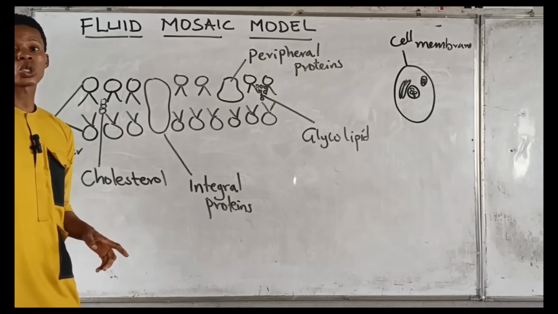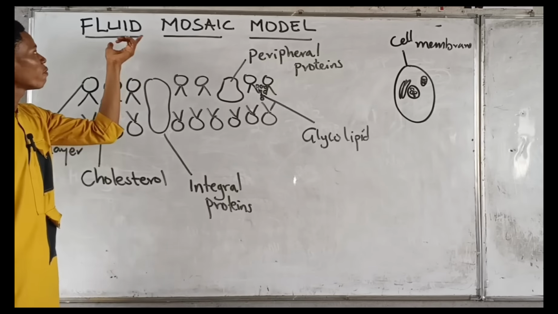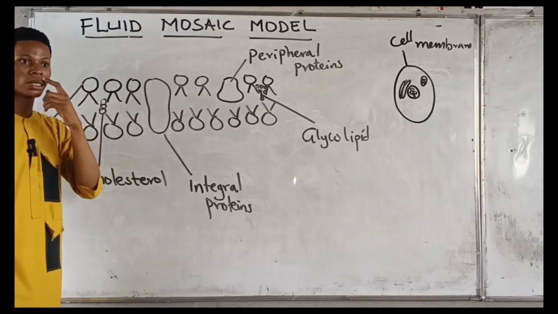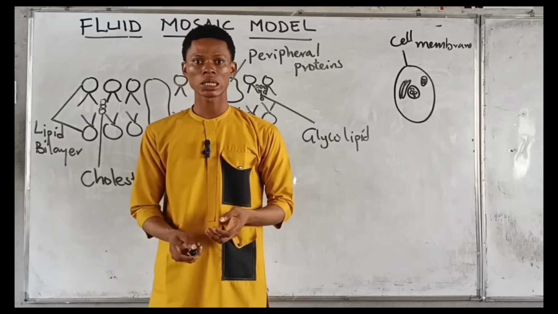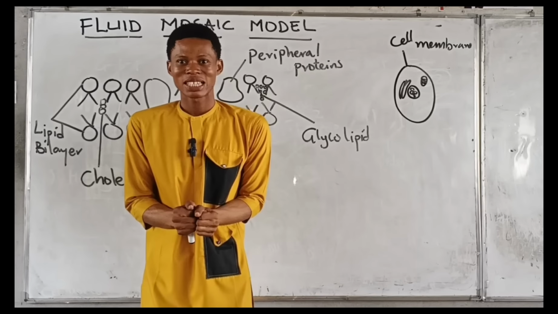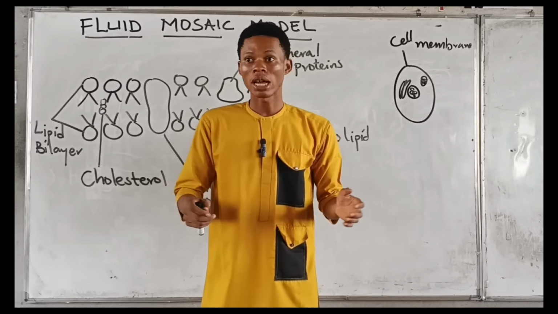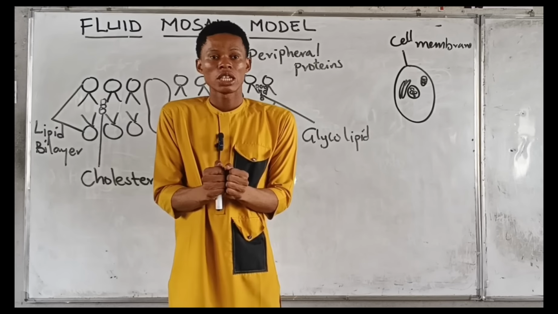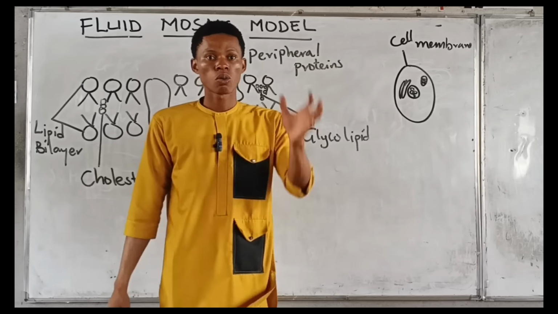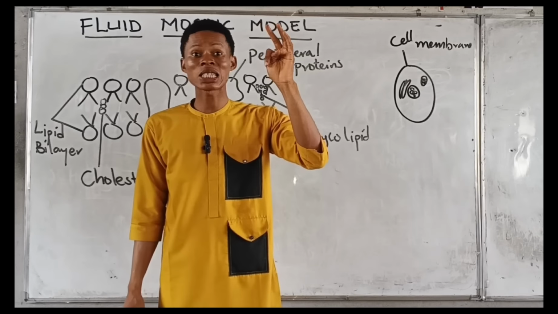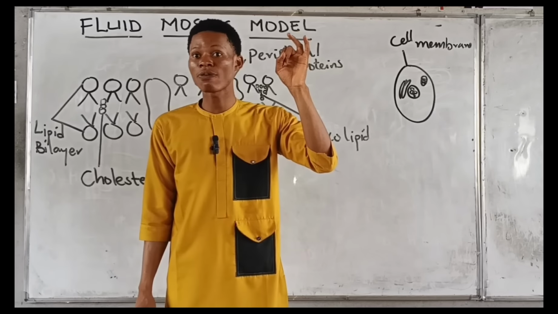Now, I want us to analyze these two words, fluid and mosaic. When they say something is in a fluid state, is it static or is it flowing? It's not standing in one place, right? If something is fluid, it's not static. Water is a fluid, right? Gas is a fluid, right? Solid, is it a fluid?